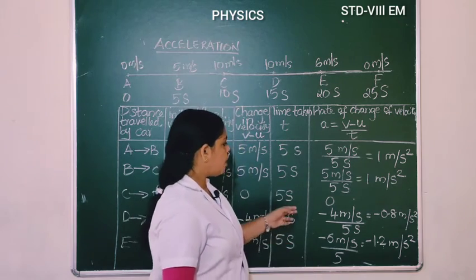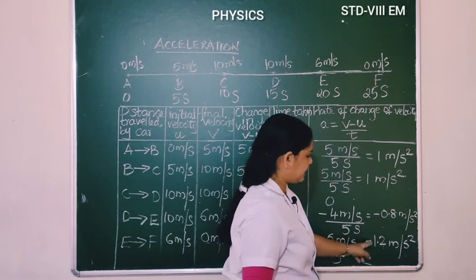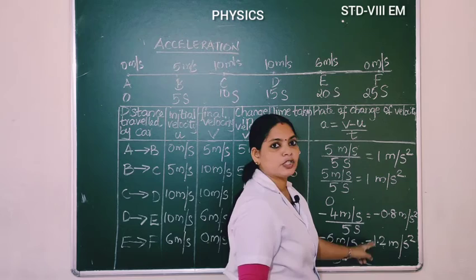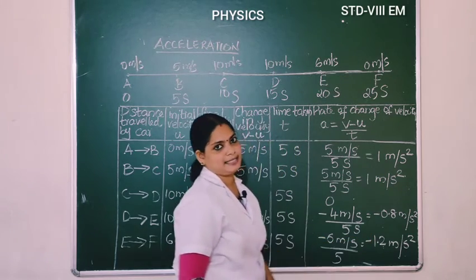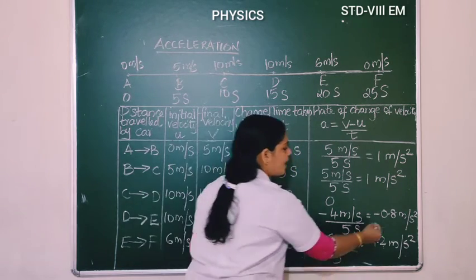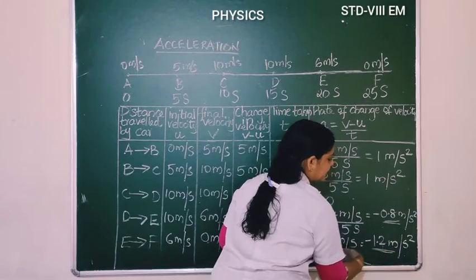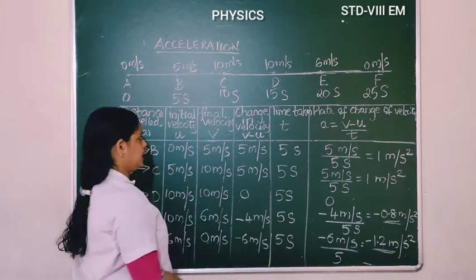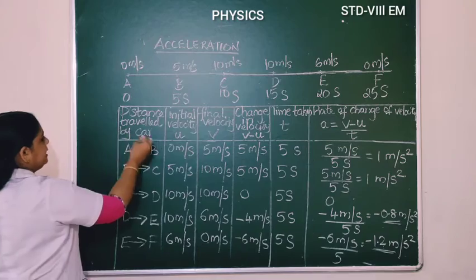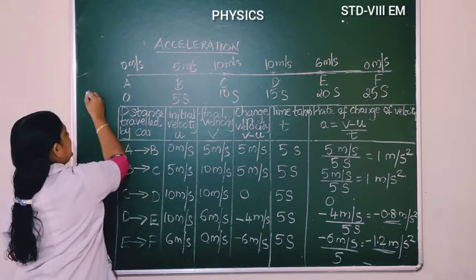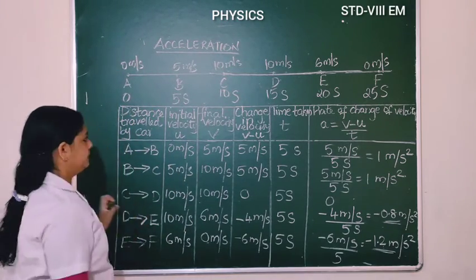Here we got negative values, isn't it? This type of acceleration is known as negative acceleration. We call this acceleration with negative values negative acceleration, or another name for this acceleration is retardation.